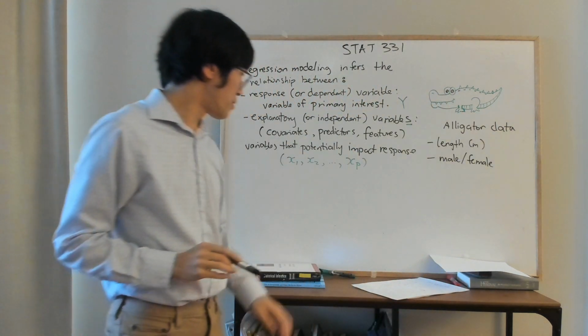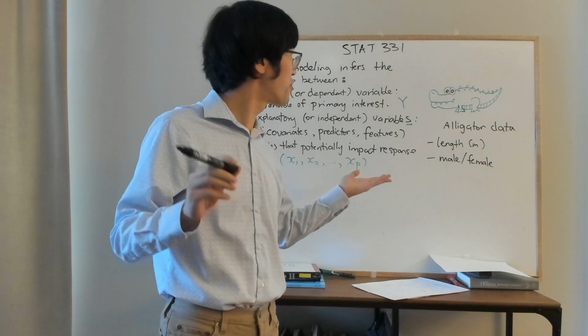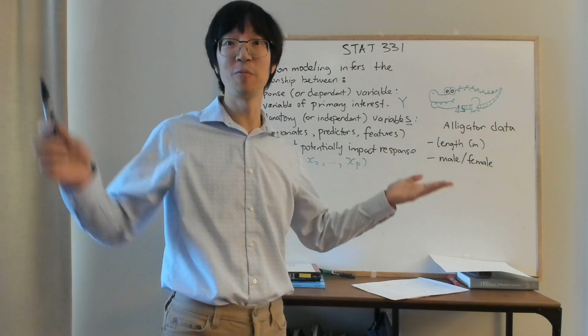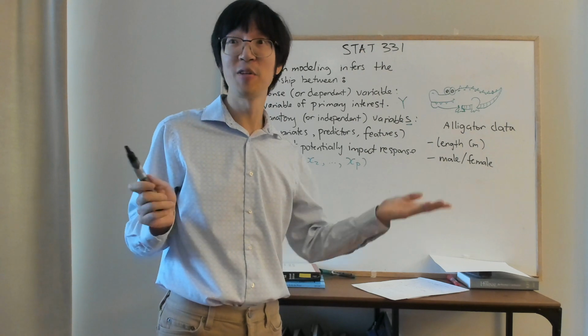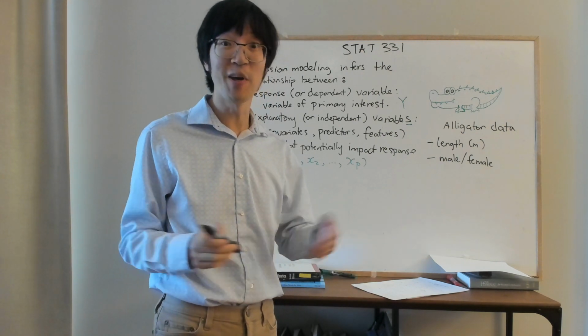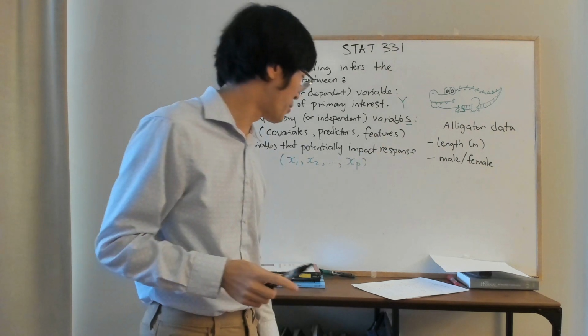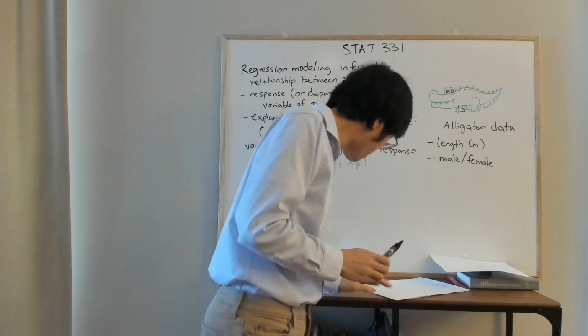And then the rest of their variables in this case was associated with, well, what comes to mind? Like, what's associated with an alligator's size? Well, I mean, you could consider what they like to eat. Okay, and so what they eat could be very much associated with how big they grow to.